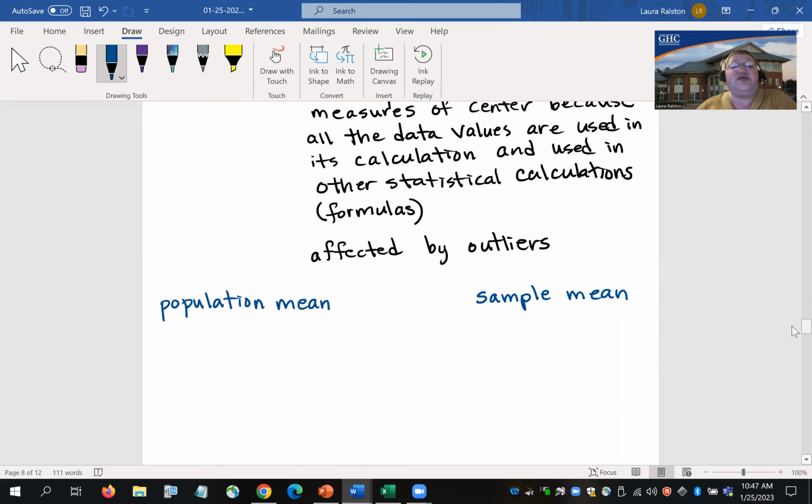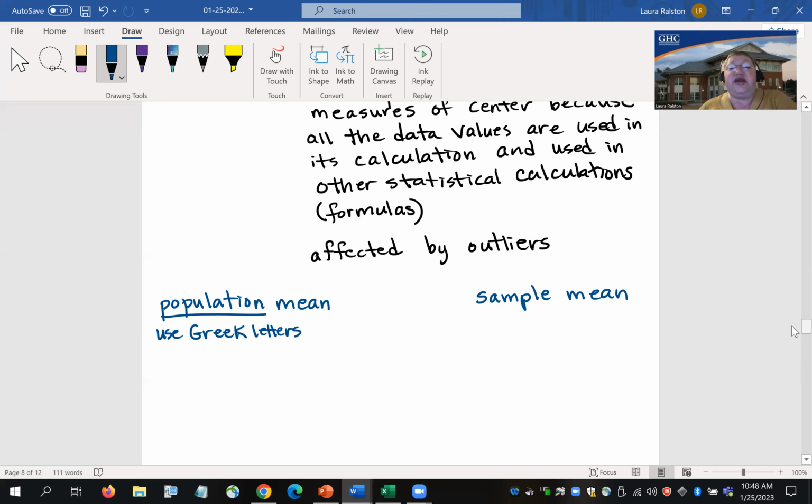Typically, anytime you're dealing with a population, whether it's the mean or the standard deviation or some other measurement, we use Greek letters. Okay, so one way that we identify that we're dealing with a population is via the notation.